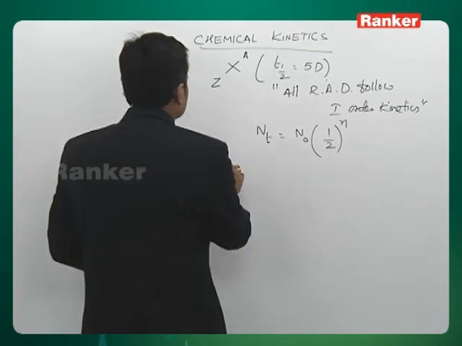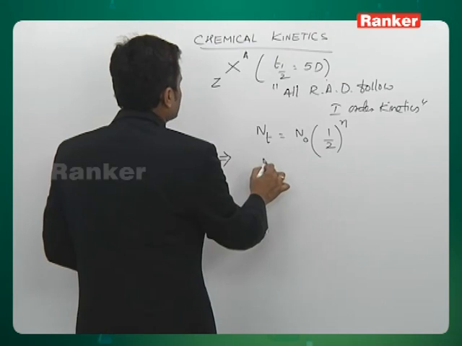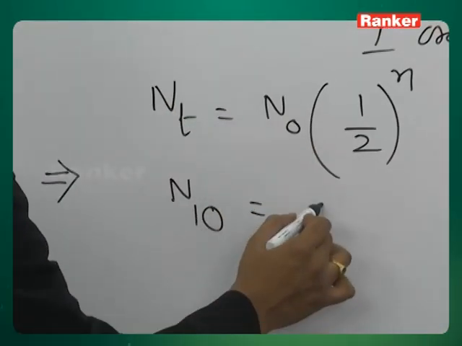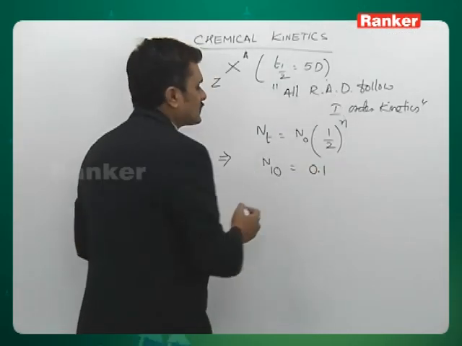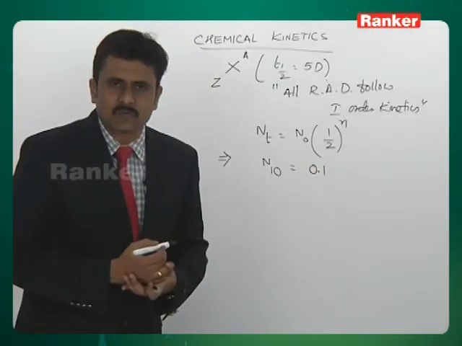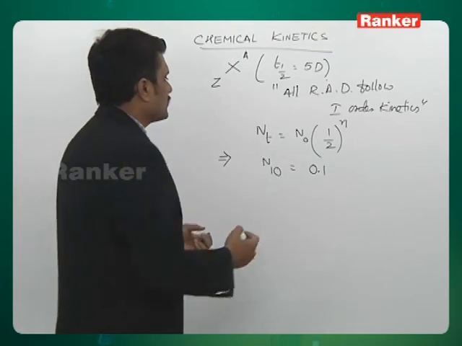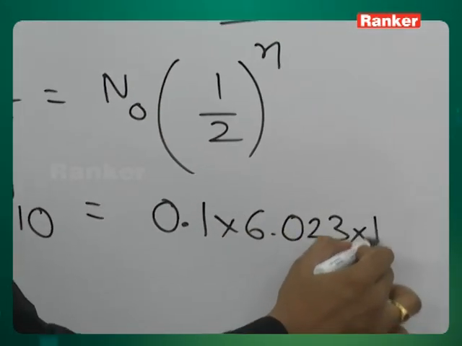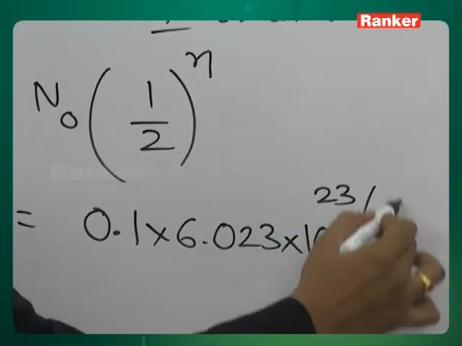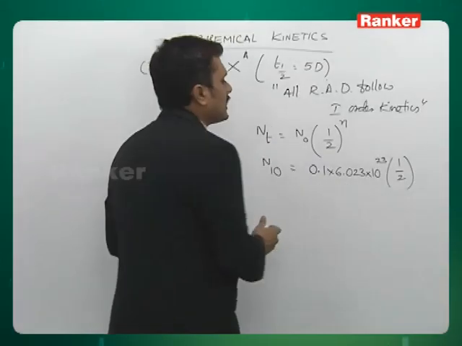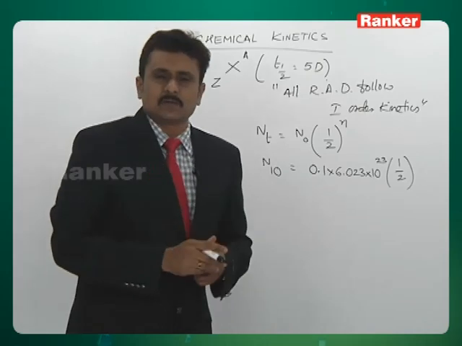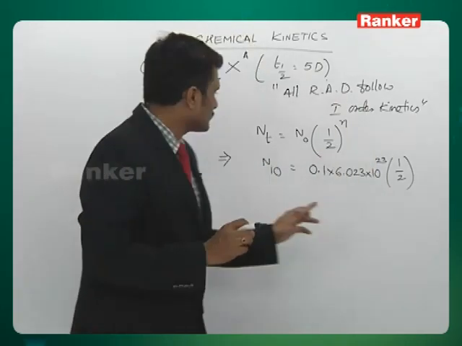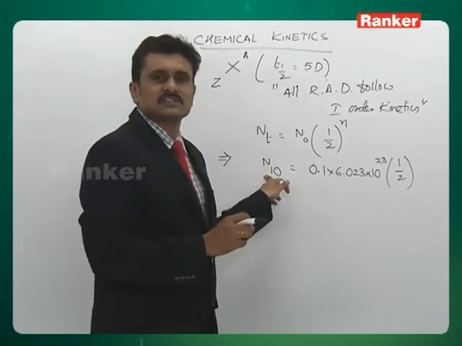So I am going to find the number of nuclides remaining after 10 days, which is equal to the initial nuclides, which is given to us as 0.1 gram atom. I mean to say 0.1 mole, or 0.1 into Avogadro number many atoms, have been taken initially. Number of half-lives: for every 5 days there is one half-life, and here we are talking about the situation after 10 days.